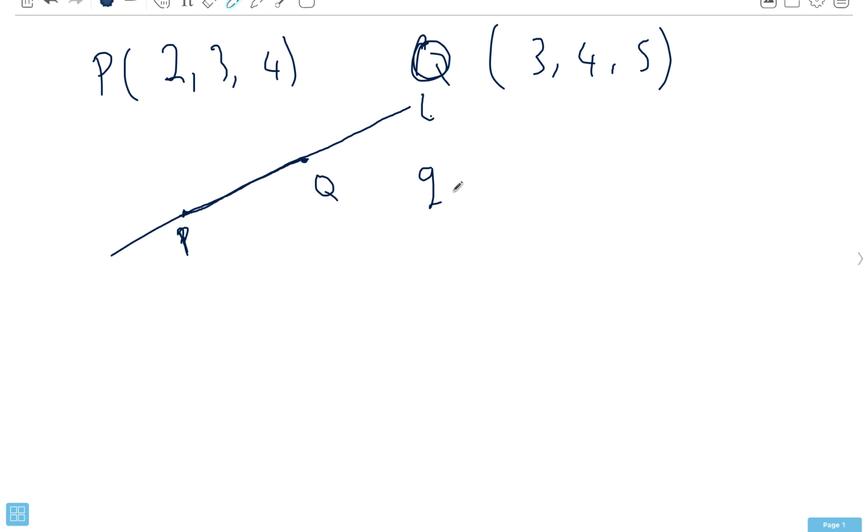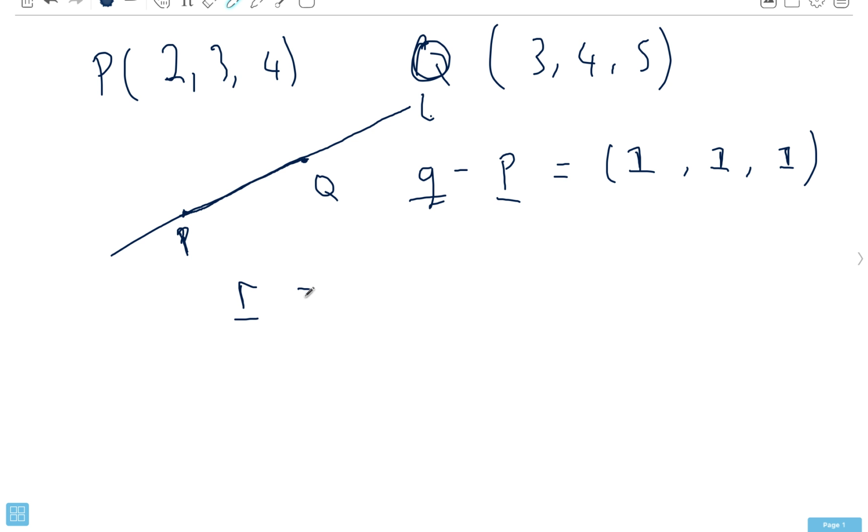Where Q represents the position vector of Q and P represents the position vector of P. So that's 3 minus 2, which is 1, 4 minus 3, which is 1, 5 minus 4, 1, so (1, 1, 1). It's in the direction of the vector (1, 1, 1).